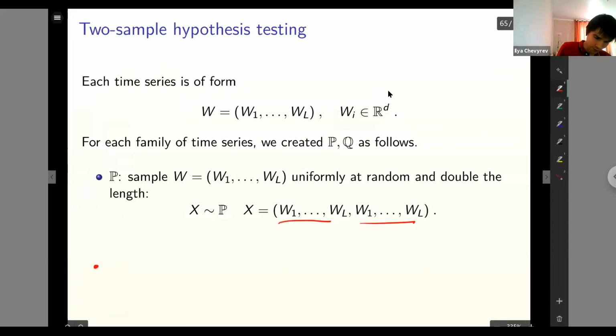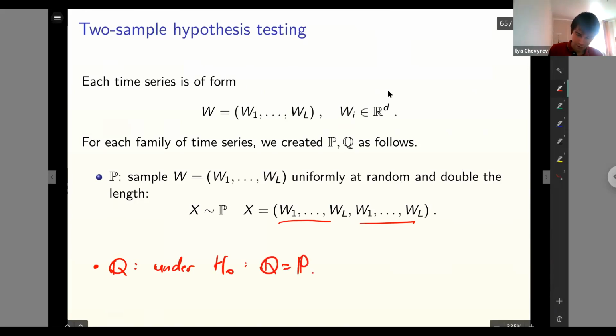So what we did for Q was the same exact thing. For Q, we need to distinguish between whether we're working under the null hypothesis or under the alternative hypothesis. Of course, under the null hypothesis, we just set Q equal to P, because that is the null hypothesis.